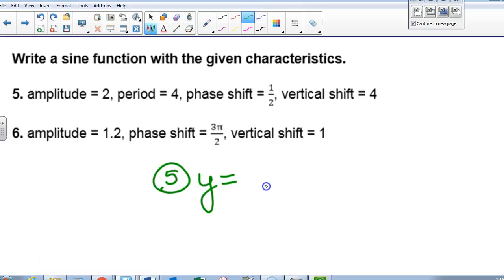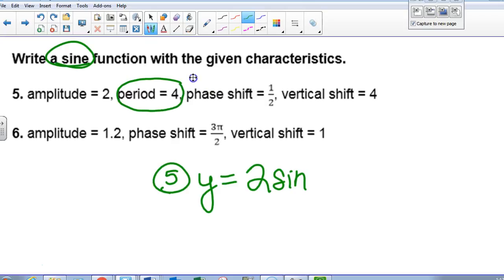Y equals what? No. 2 is the amplitude. 2 sine 4. This is the period. It's not the B value.